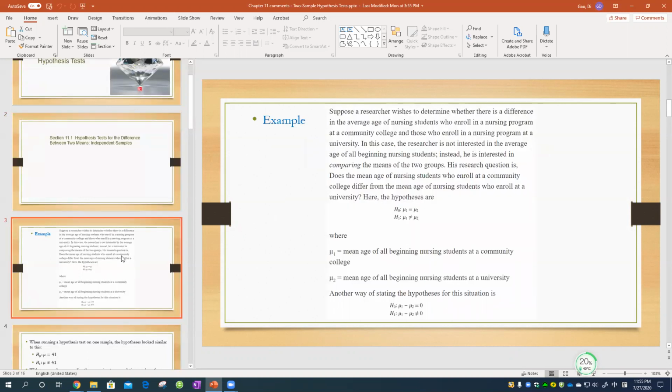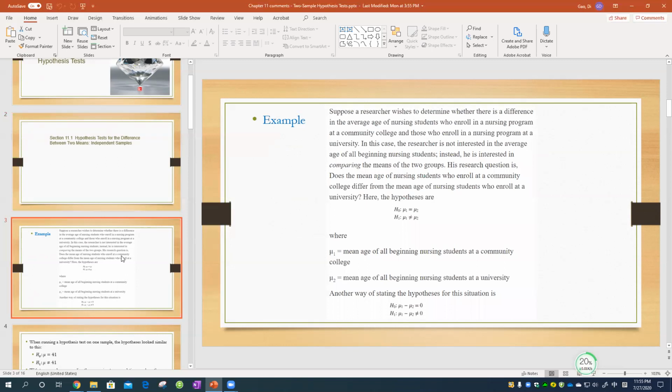Suppose a researcher wishes to determine whether there is a difference in the average age of nursing students who enrolled in a nursing program at a community college and those who enrolled in a nursing program at a university. In this case, the researcher is not interested in the average age of all beginning nursing students. Instead, he's interested in comparing the means of the two groups.